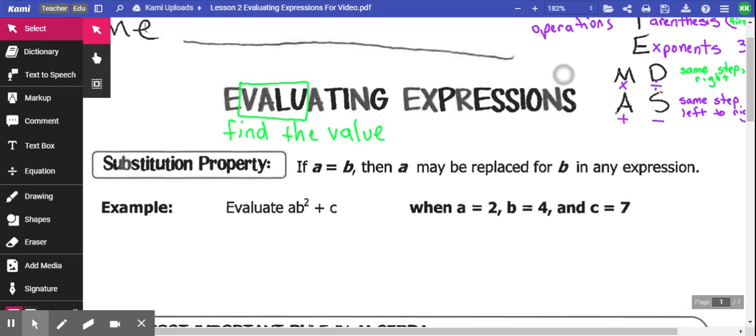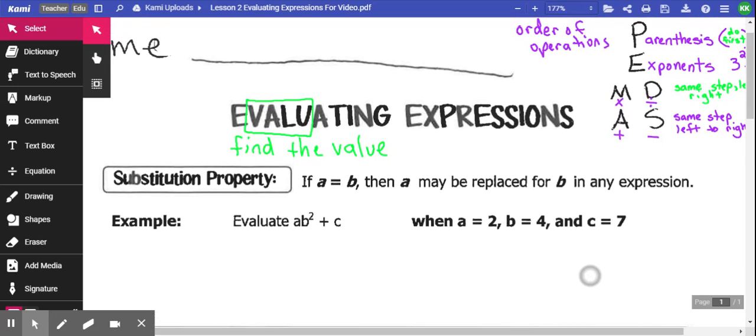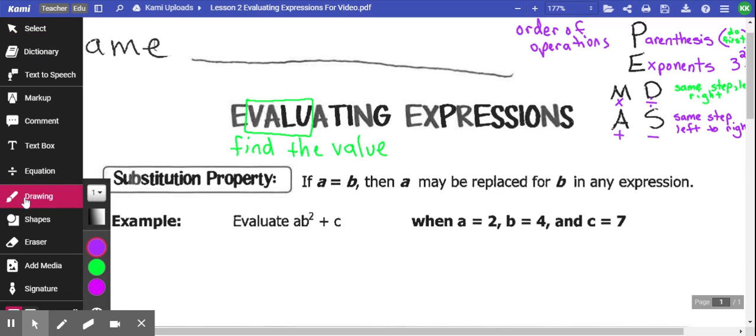Now we're ready to actually talk about how we evaluate expressions. We use what's called the substitution property. Its fancy definition is if A equals B, then A may be replaced for B in any expression.